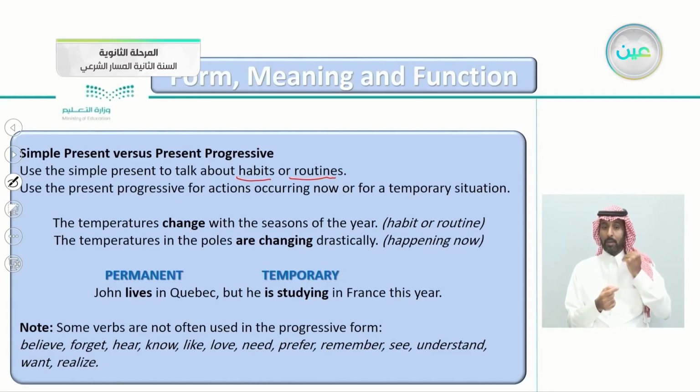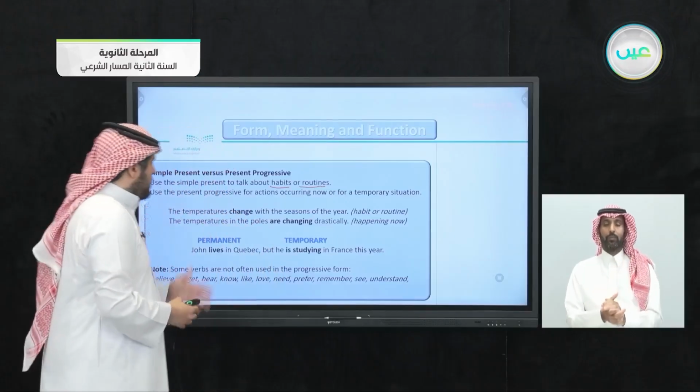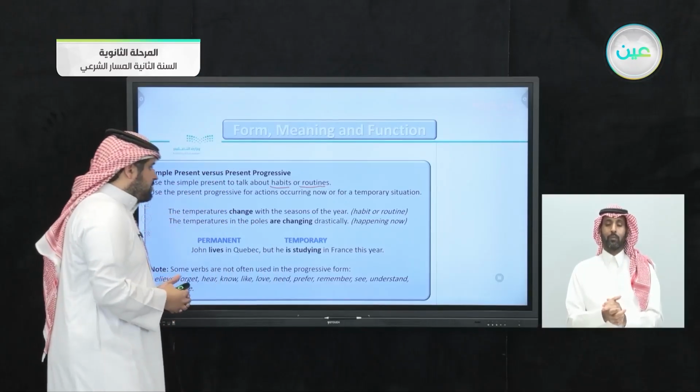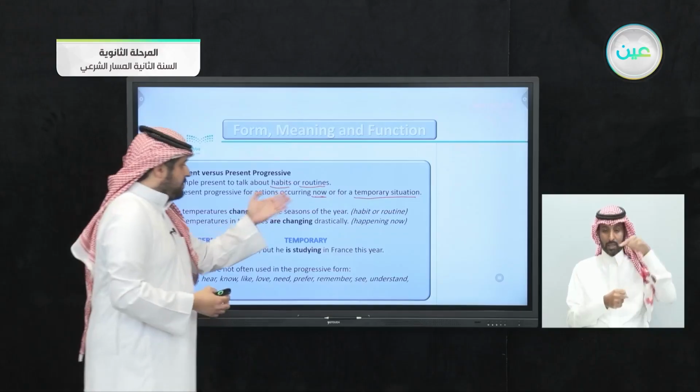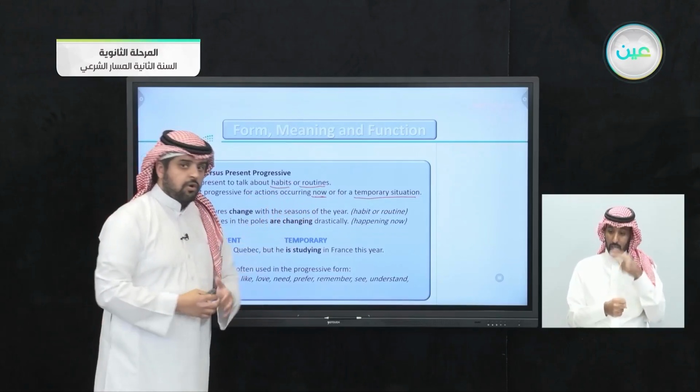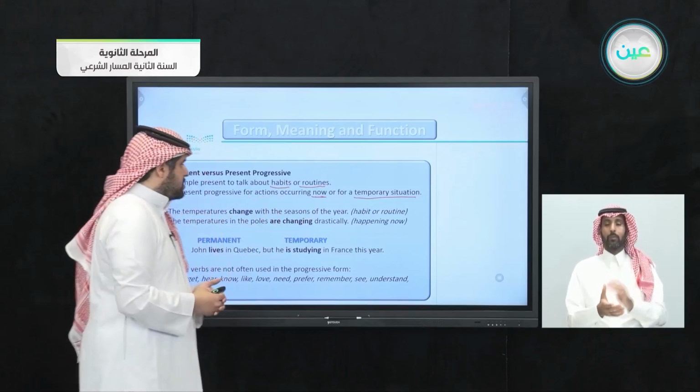Habits, things that you do every day, or routines, it's the same thing maybe, things that you're doing every day. We use the present progressive for actions occurring now, or for a temporary situation.